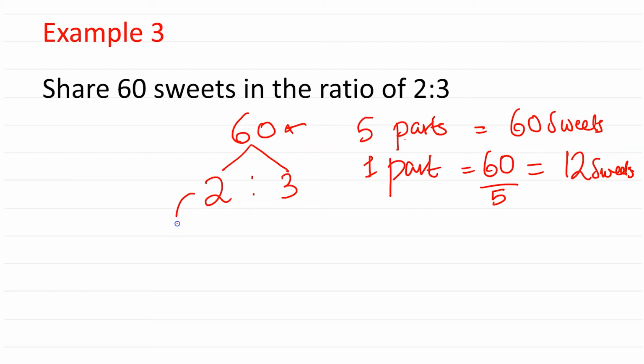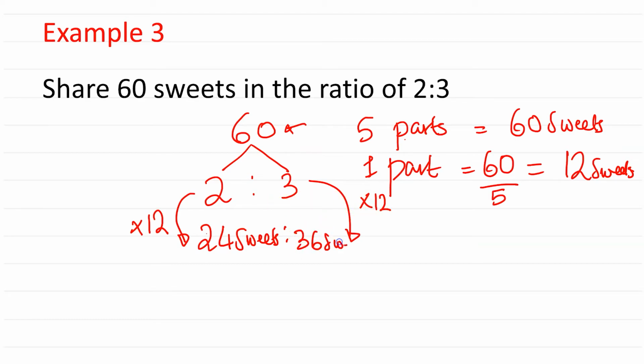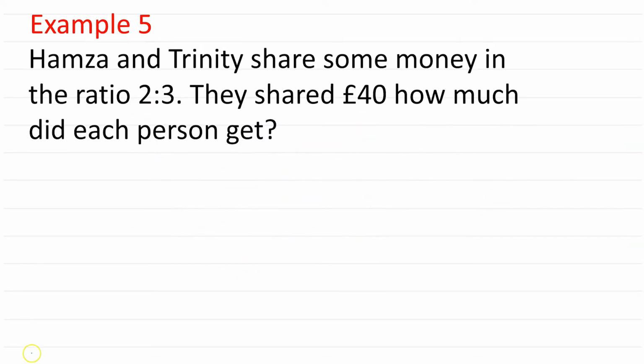So 2 parts, then you need to multiply this by 12. 2 times 12 is 24. So 24 sweets here. And this other person who's getting 3 parts, it multiplies this by 12. 3 times 12 is 36 sweets. So that's the answer for this one. Again, if you check, 24 plus 36 will give you 60.